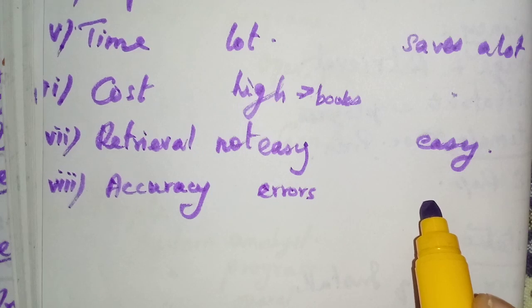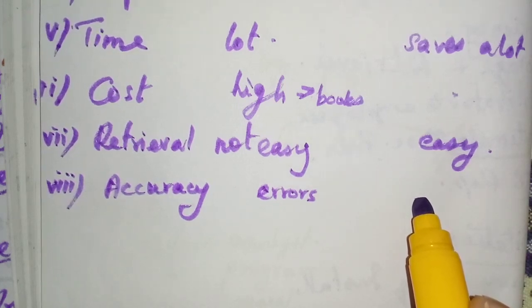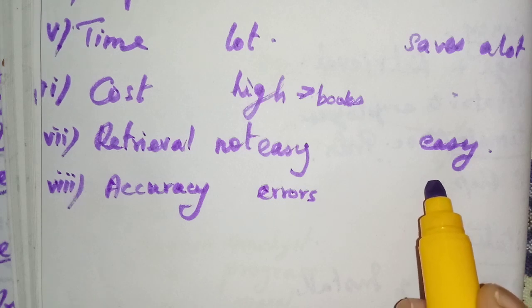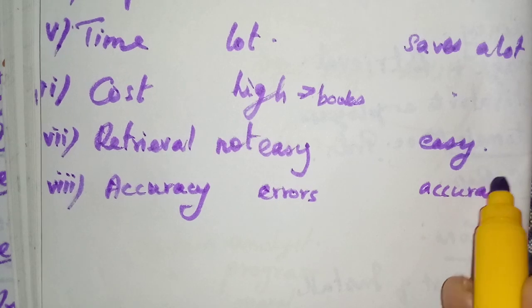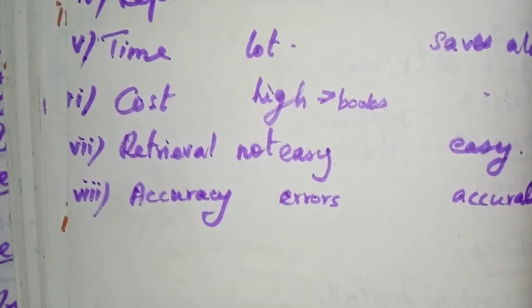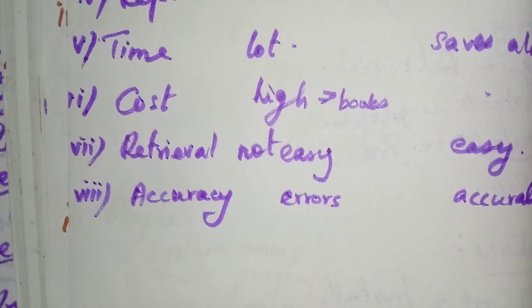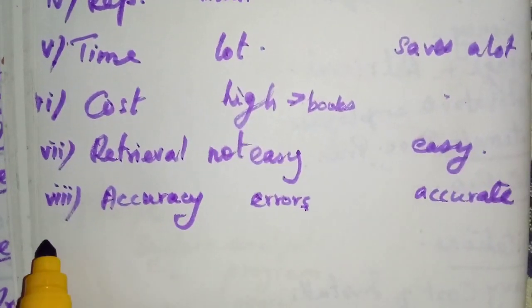But here, unless and until we give some wrong information, the report will be very accurate, because in the programming, in the processing, it will not make any mistake. But manually there are many chances to make errors.